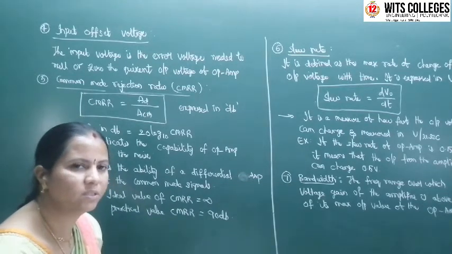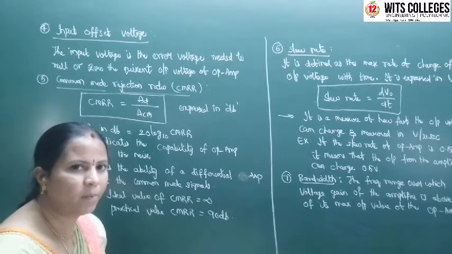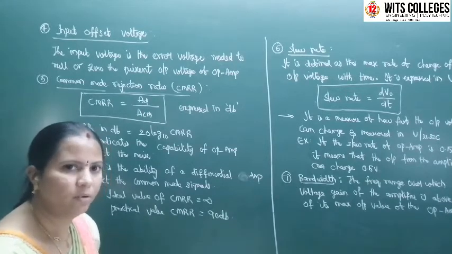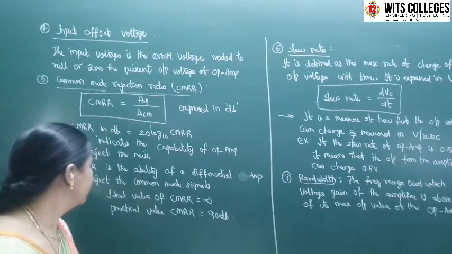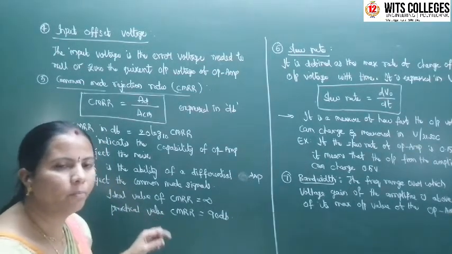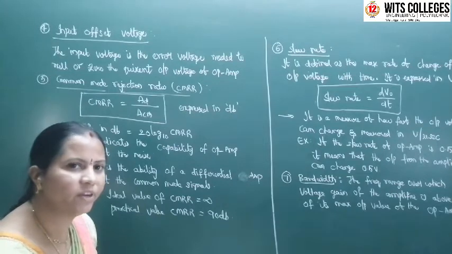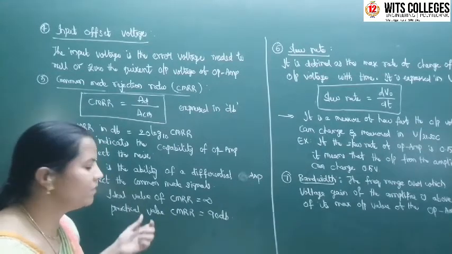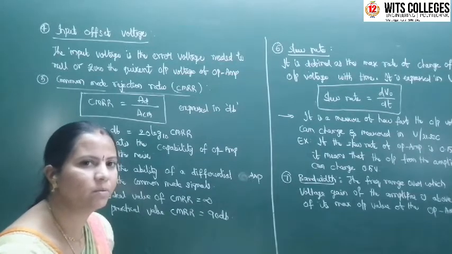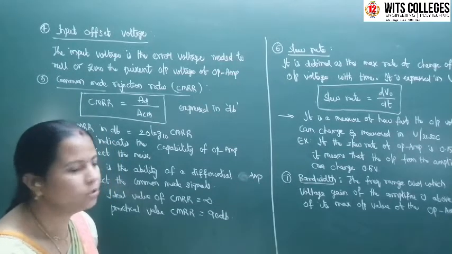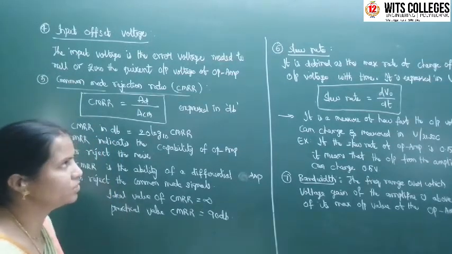Common mode signals means that the two inputs given to the differential amplifier are equal. The ideal value of common mode rejection ratio is infinity, and the practical value, expressed in decibels, is about 90 decibels. So this is about common mode rejection ratio.